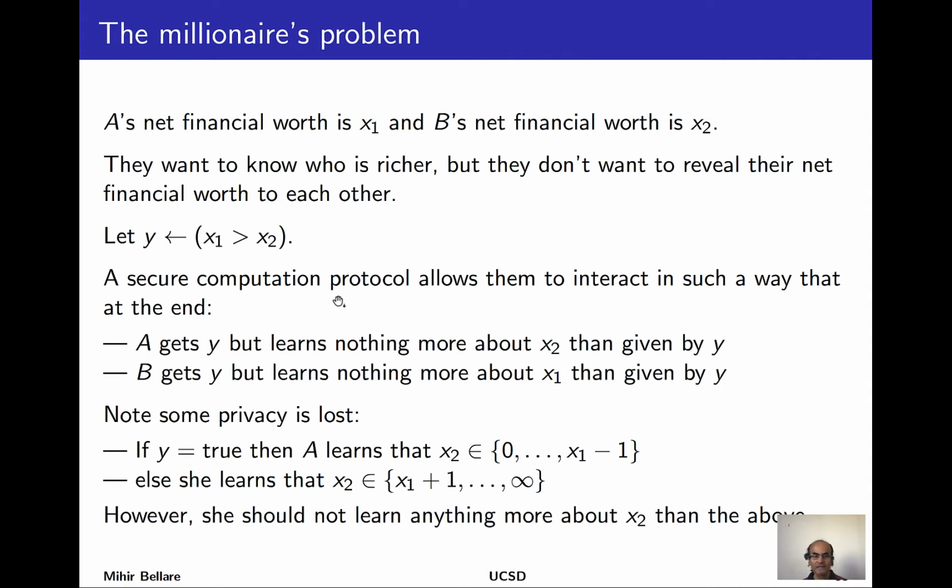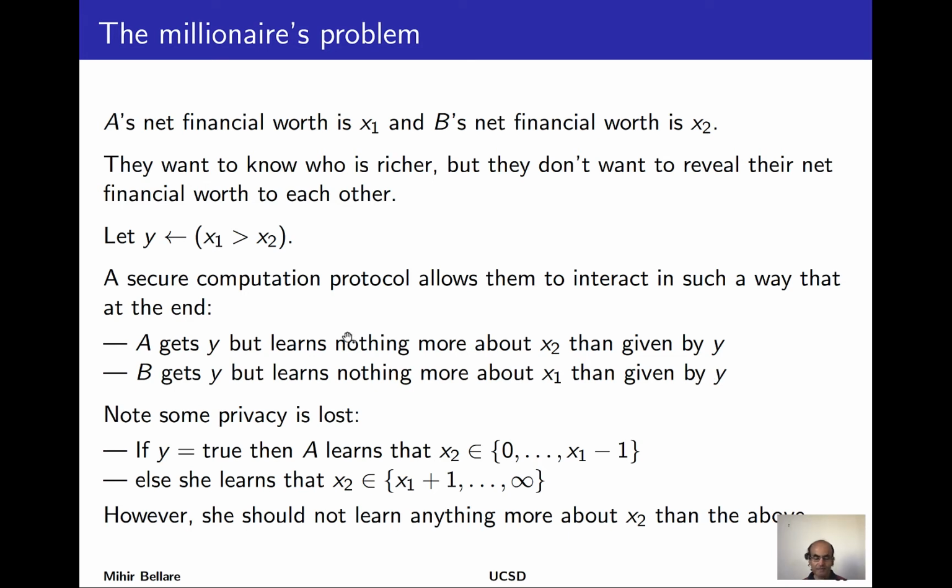The protocol tells them how to compute and send messages to each other, to interact, in other words, for a few exchanges. And at the end of that, each of them will have output, which is this desired result. Nonetheless, although they each get that output, neither learns anything more about the other party's input than, of course, is revealed by the fact of this output.